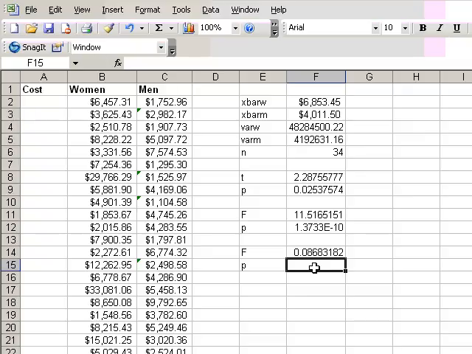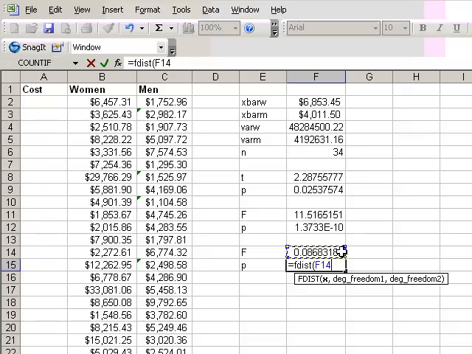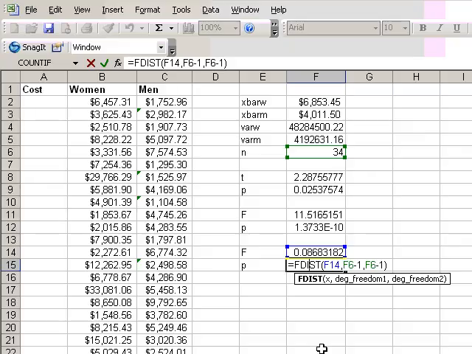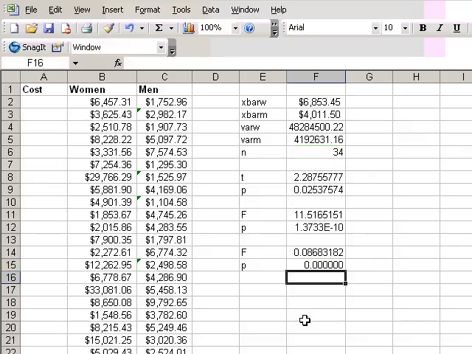I'm again going to use the fdist function, the 0.0868 as x, or the F value, degrees of freedom equal to 34 minus 1 in the numerator, and degrees of freedom equal to 34 minus 1 in the denominator. And I see that the probability is virtually 1, but the actual probability is not fdist of that, but 1 minus that value.